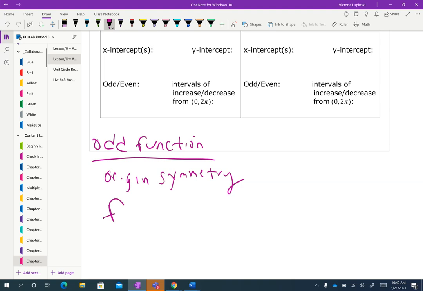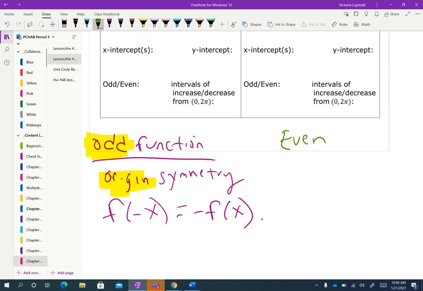What it means algebraically is that if you find f of a negative value, it's going to be equal to the opposite of whatever the original value is. We're going to focus mostly on the symmetry part, but it is good to also remember the algebra. Then, of course, if you're not an odd function, you're going to be an even function.